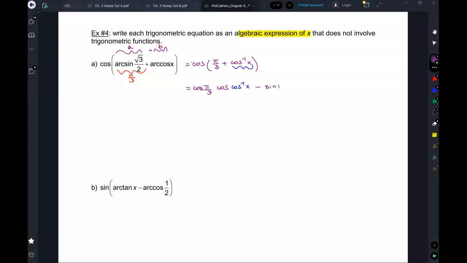Minus sine of the first, sine of the second. Isn't this fun? So, cosine of pi over 3 is what? 1/2. Times, how much is this? X. Minus, okay, if cosine of pi over 3 was 1/2, sine is the other one, root 3 over 2.